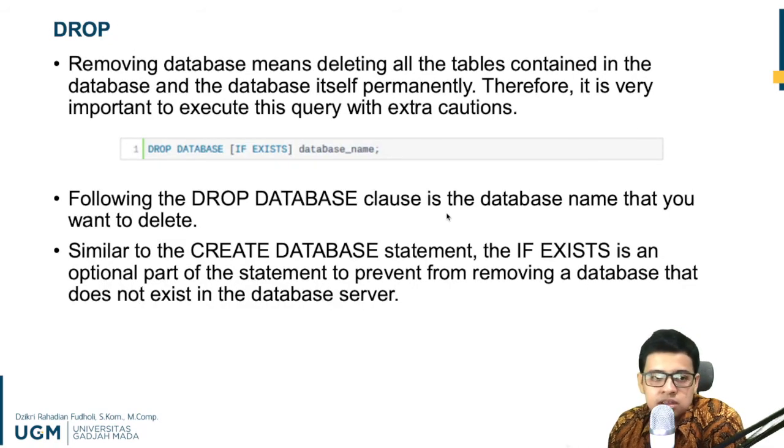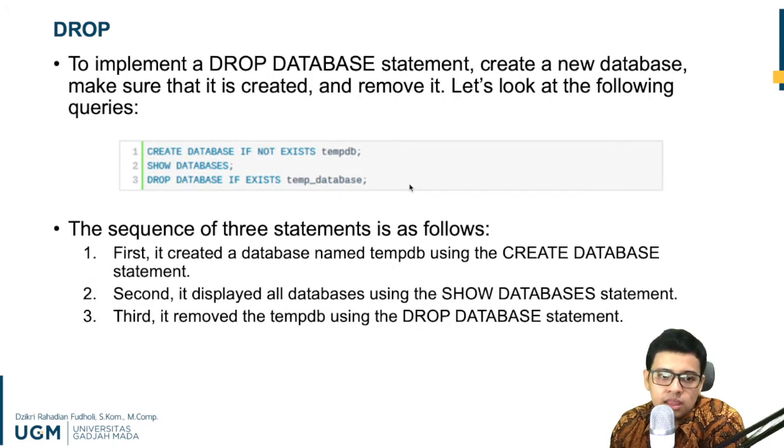The third one is DROP, removing the database. This one is quite simple. We type the statement, which is DROP DATABASE IF EXISTS. The IF EXISTS is also optional, just like in CREATE, followed by the database name. Here's the example.